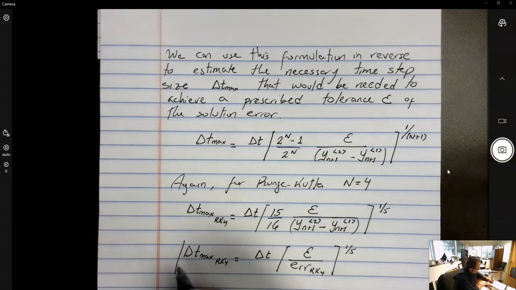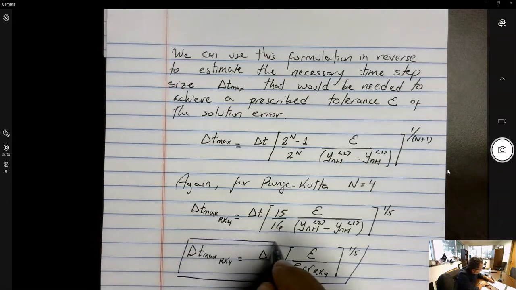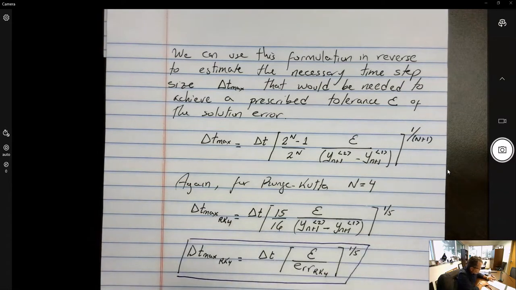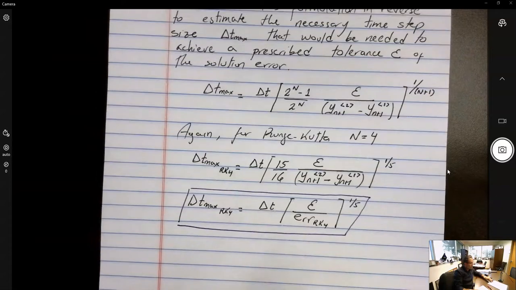Okay, so now I know how to calculate the maximum delta t that I can afford to be able to satisfy this tolerance. Now, how does it work? Again, I have a prescribed delta t. I start with a delta t, and I say that delta t is, I don't know, 10 to the minus 1 second, or 10 to the minus 2, whatever.